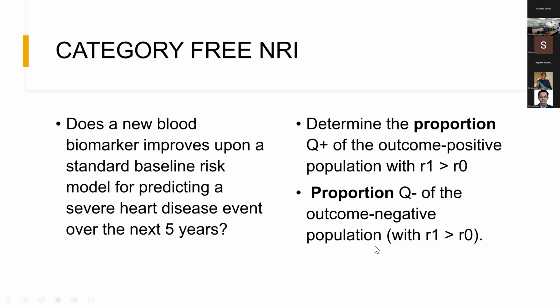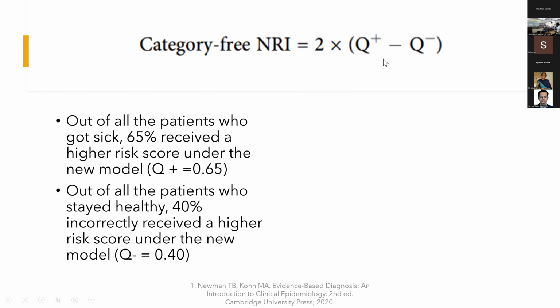And we find out how much proportion of the participants have the outcome positive with the new model as compared to the ones with the base model. And the second thing we'll calculate is the proportion of the patients with outcome negative population with the new model as compared to the old model. So how do we calculate category free NRI? Here we find out the difference in proportion between those who had a positive outcome as compared to those who had a negative outcome.